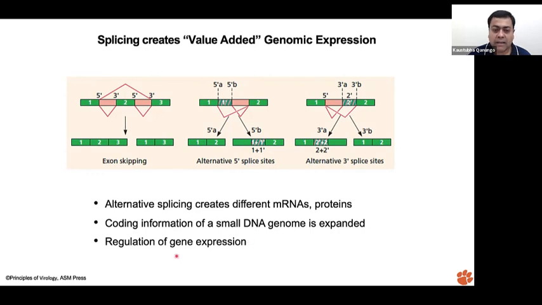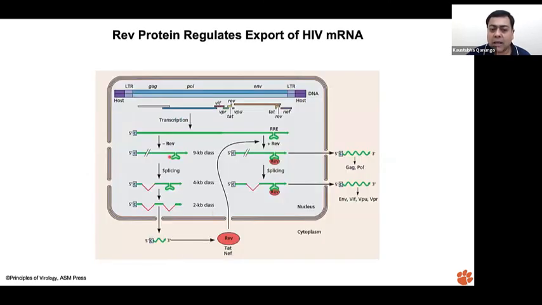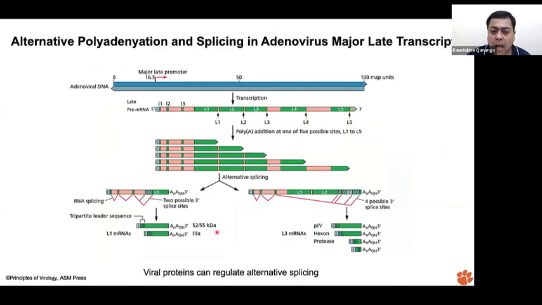What we mean by this is that as these things are transported in a temporal manner, initially you synthesize some of the specific proteins, which we talked about from the L1 mRNA, and as we go into the late phase, the other mRNAs are produced to make proteins, particularly the structural proteins.